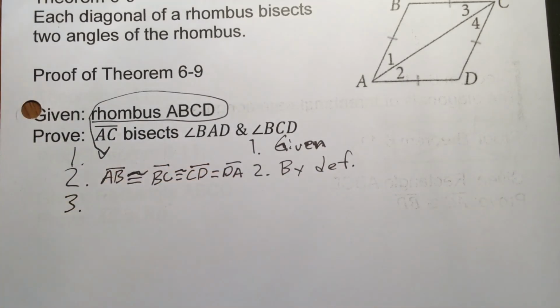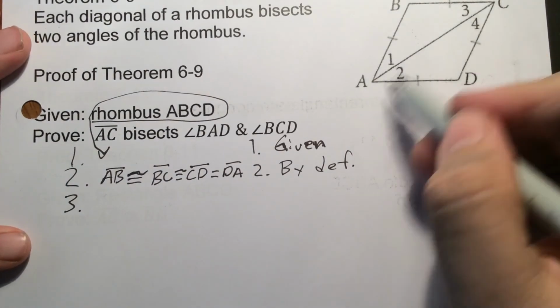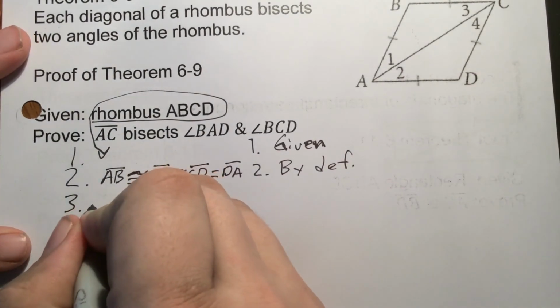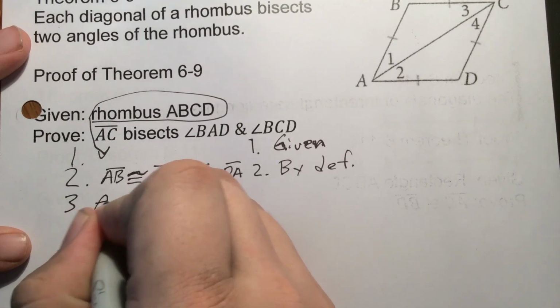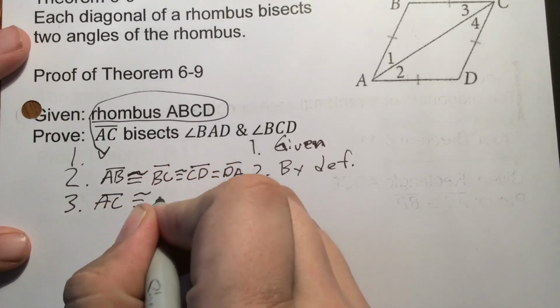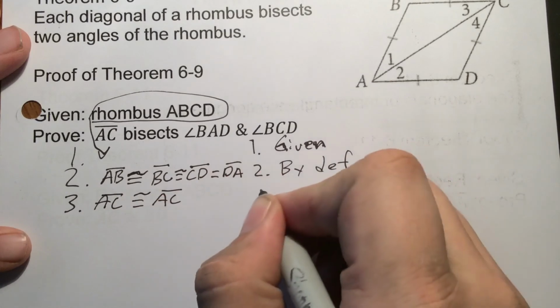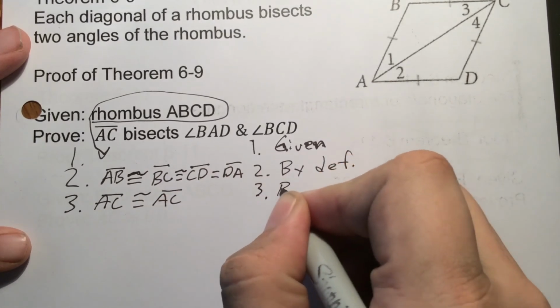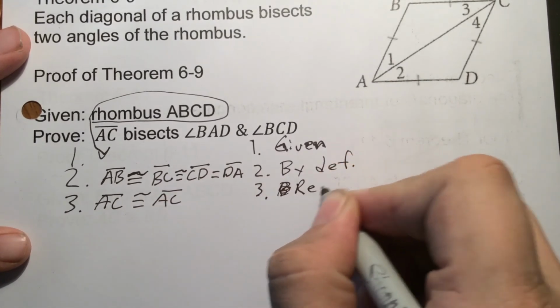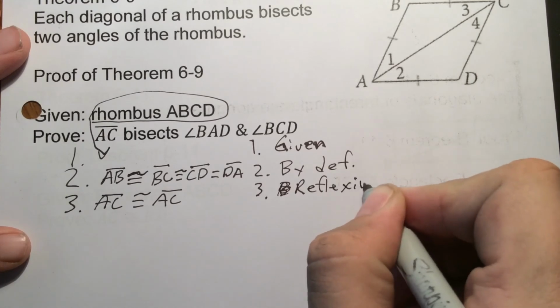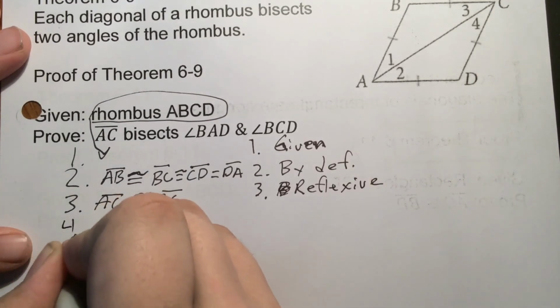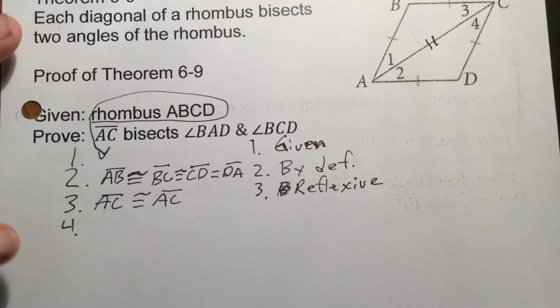Well, what else we know here is that this diagonal cutting through is going to be congruent to itself. So AC is congruent to AC. That's by the reflexive property. So if we mark that as well.